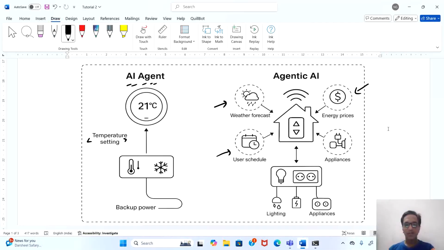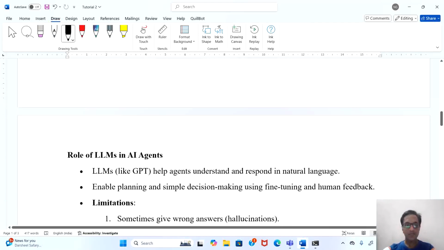So here we have a user schedule AI agent, and for home appliances also, like lighting etc., we have a different AI agent. So you can see the entire system is made up of different AI agents. Okay, so the combination, the collection of them is said to be agentic AI.